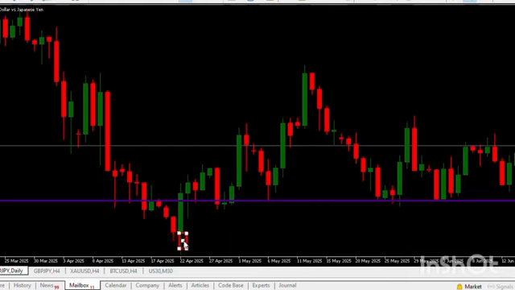The buyers. That is why we can see this rejection at a lower level. When we see long rejection at the top, at a resistance level, who became dominant then? The sellers. So this rejection tells you the dominance in the market.